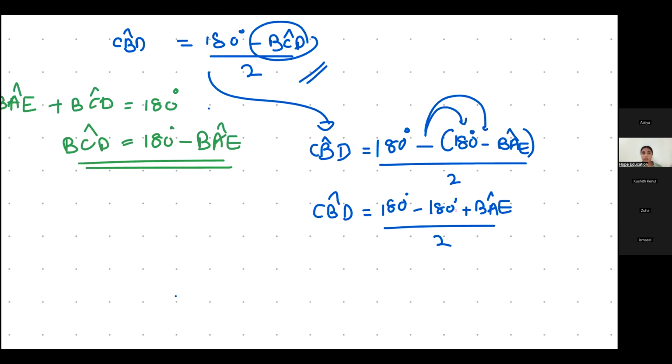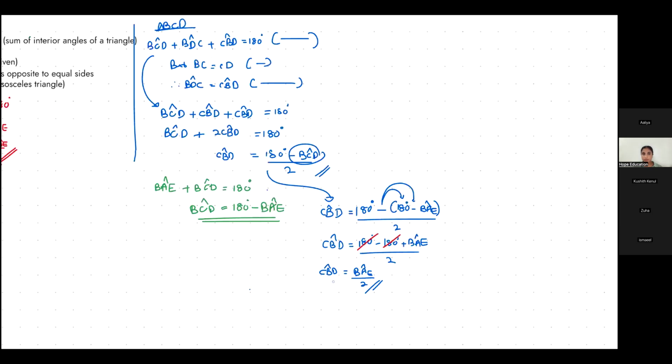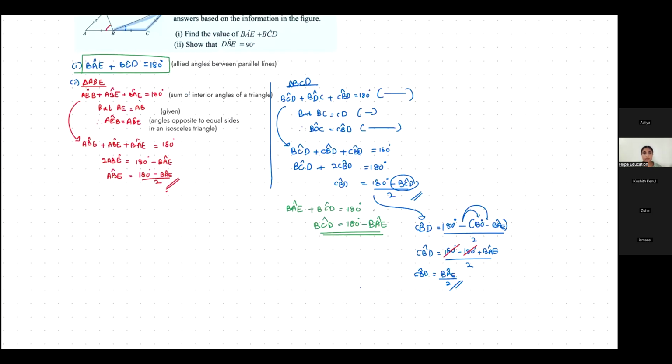We are getting that CBD equals BAE divided by 2. All right, up to that point, is it clear, Lamai? Okay. Others?